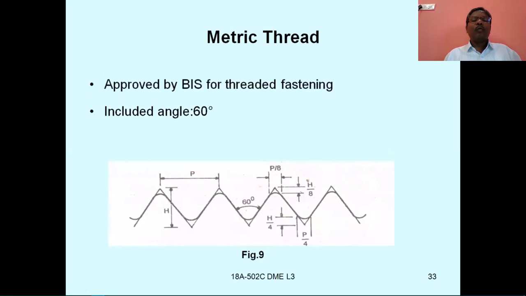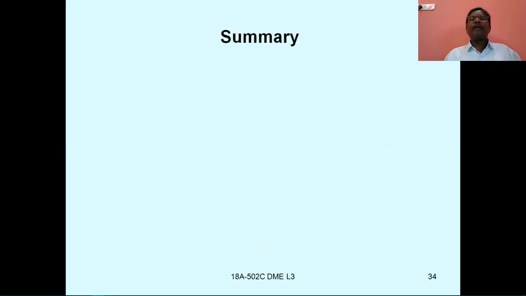Let us see once again a summary of today's topics. The first topic is introduction to fastenings and definition of screw thread, nomenclature of screw threads and purpose of screw threads, screw joints, applications of screw joints, advantages and disadvantages of screw joints, nomenclature and forms of threads.